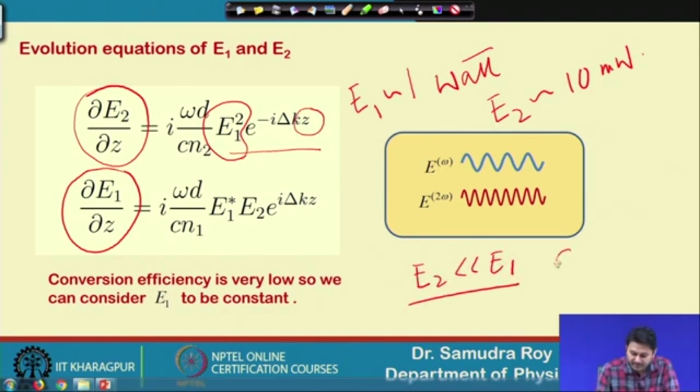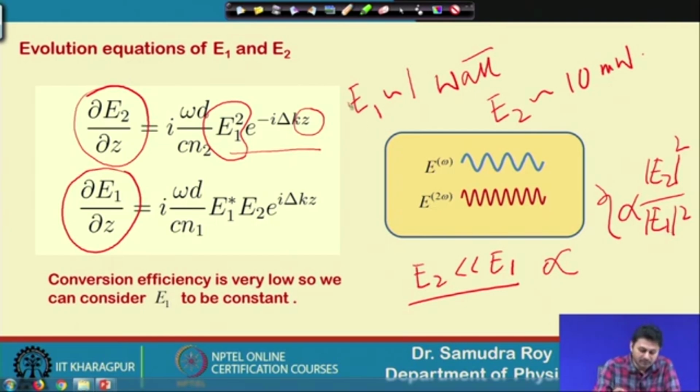The efficiency eta is proportional to mod of E2 square divided by E1 square, which is essentially the ratio of the power. Now, this quantity should be very small.